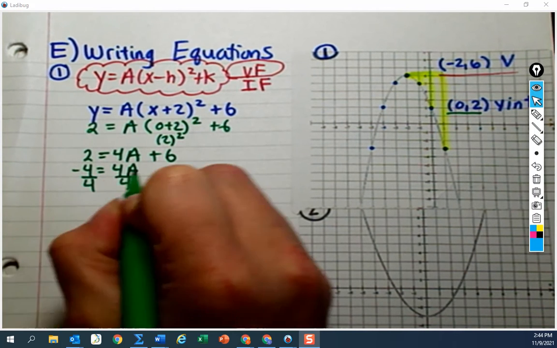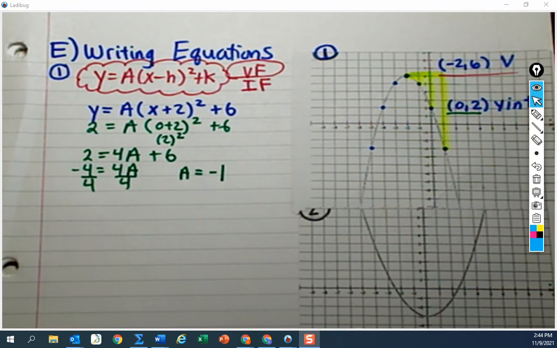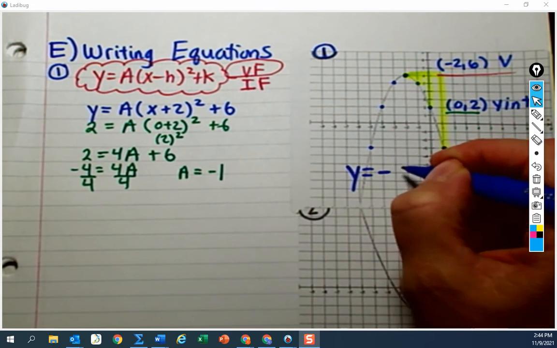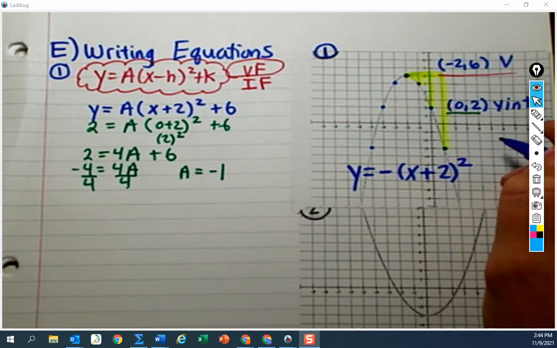So a equals -1. That's the equation of this parabola. So y equals negative x plus 2 squared, plus 6.